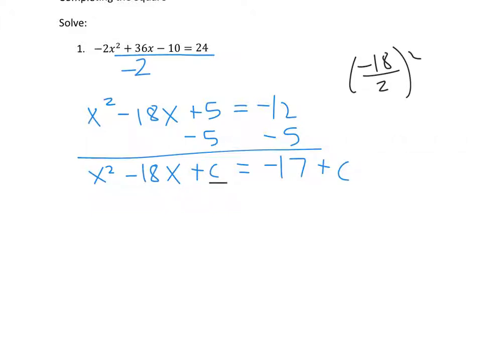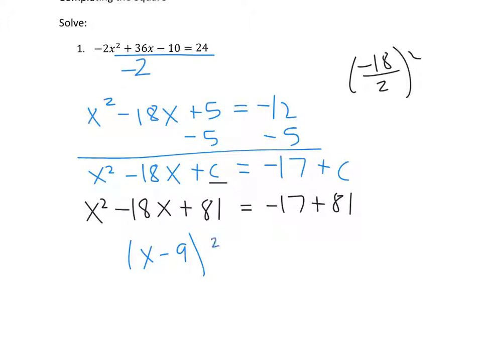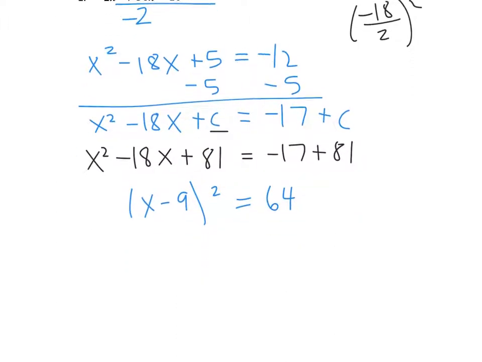So that would be -9 squared, which would be 81. So here I have x squared minus 18x plus 81 equals -17 plus 81. And then that left-hand side will factor into the quantity of x minus 9 squared equals -17 plus 81 is 64. Okay, so now I've factored.